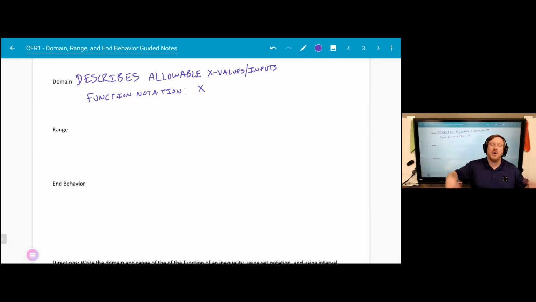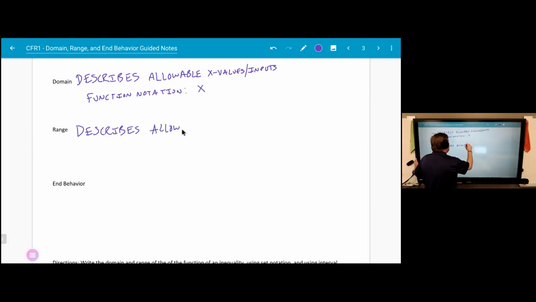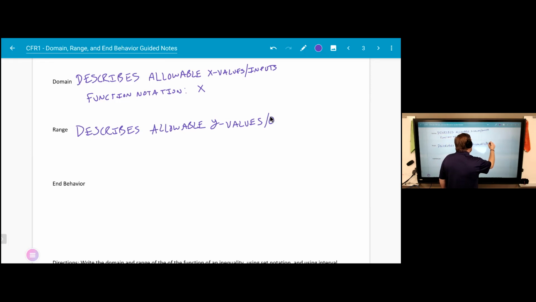Okay. The range, if domain describes the X, range in this case describes the allowable y values or outputs. Again, don't forget, you can pause this anytime. I know I'm just kind of talking and writing. Pause it after I talk, all right?